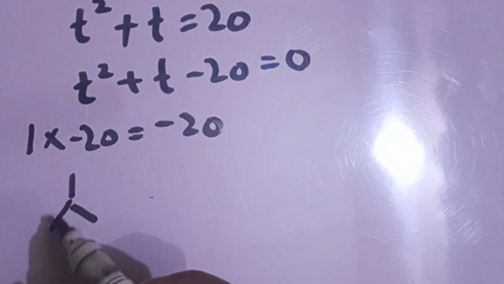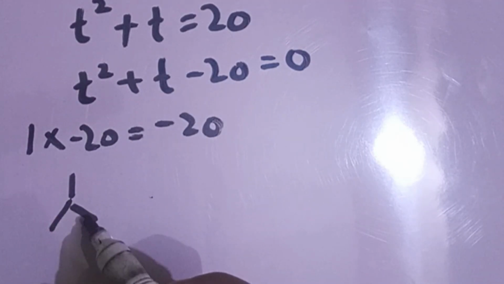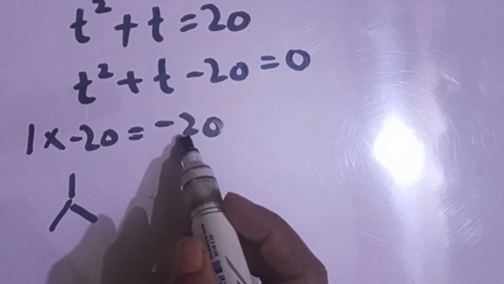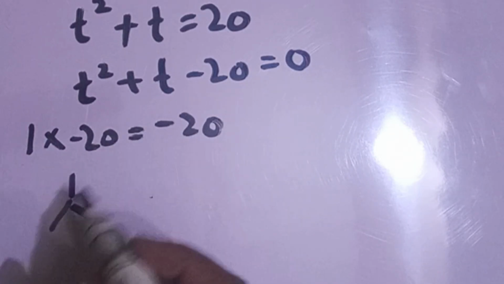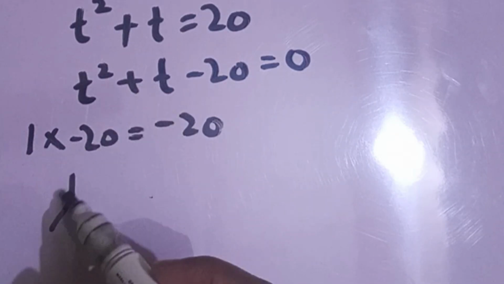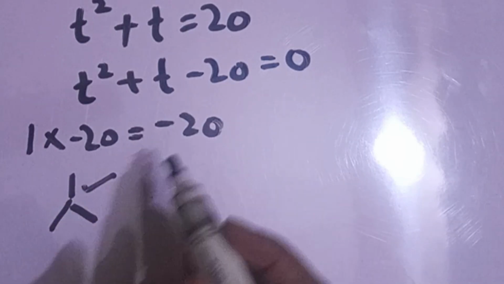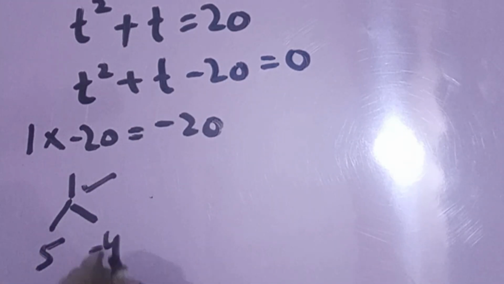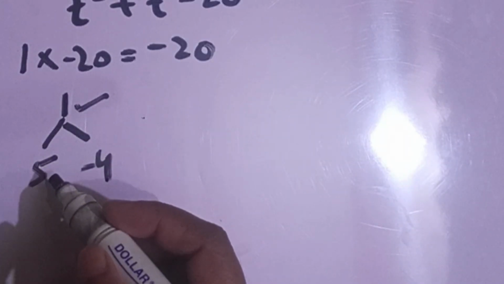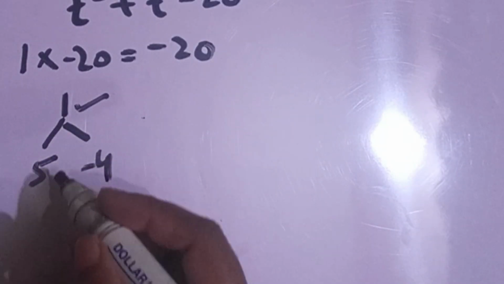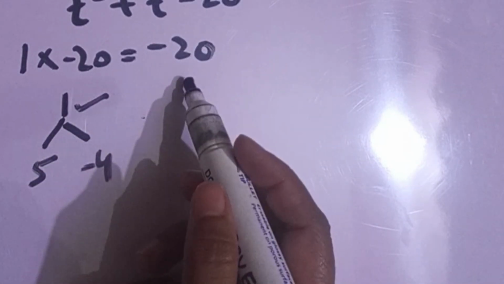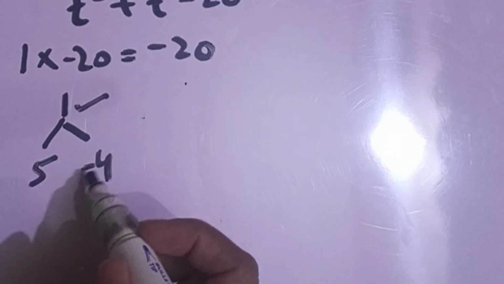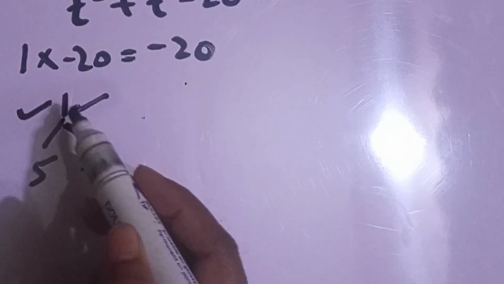We split this 1 into two values such that if we multiply these two values, we get minus 20, and if we add or subtract them, we get the coefficient 1. So we write this as 5 multiply minus 4. These two values are 5 and minus 4. If we multiply, we get minus 20, and if we add, we get this value 1.